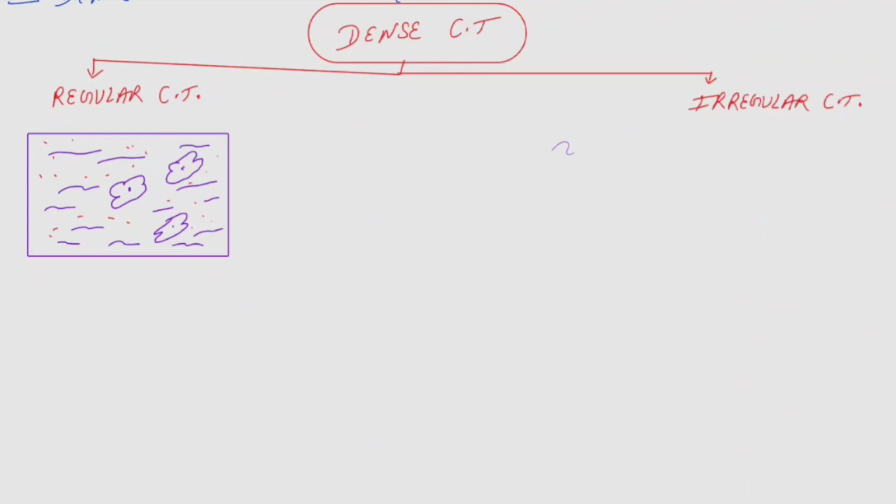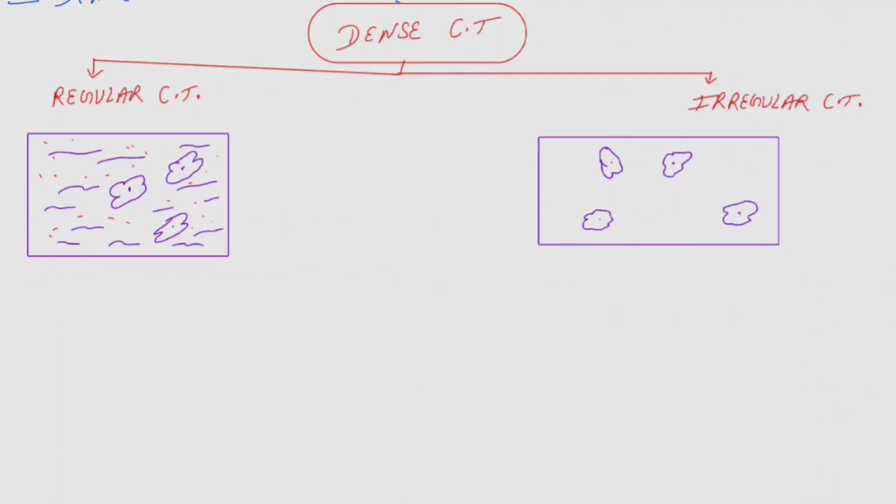Now let's talk about irregular connective tissue. This is connective tissue. This is the cell. The fibers are randomly distributed, with no direction. That's why this is irregular connective tissue.